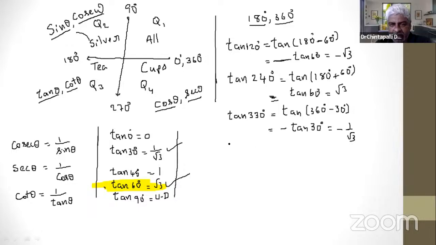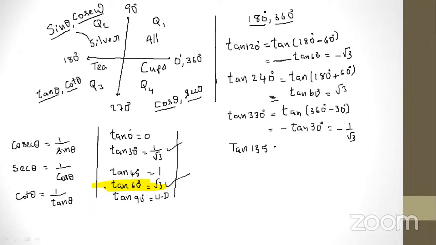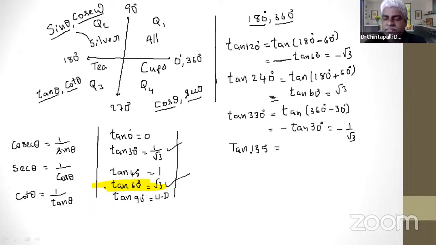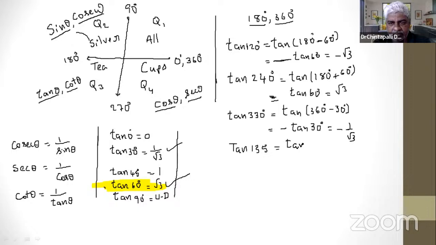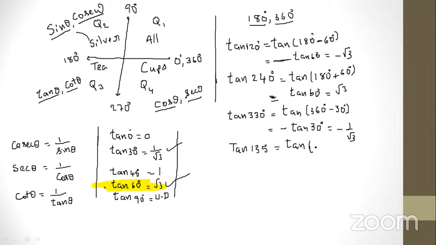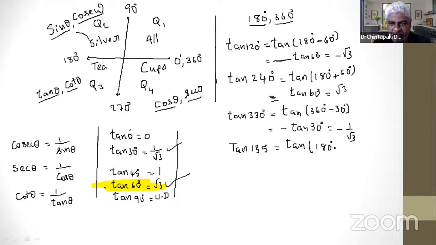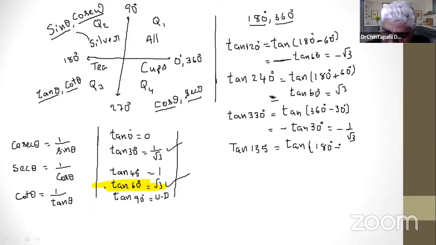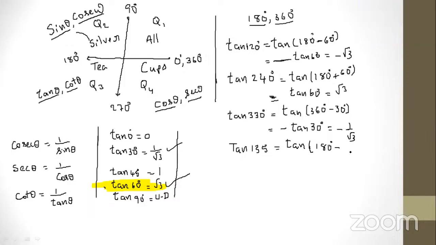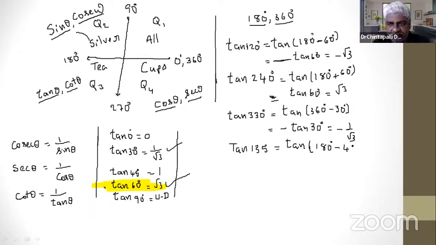Now, in the previous question, we used this concept, tan 135 degrees. Please tell how to write tan 135 degrees. Tan of 180 degrees minus 45 degrees.